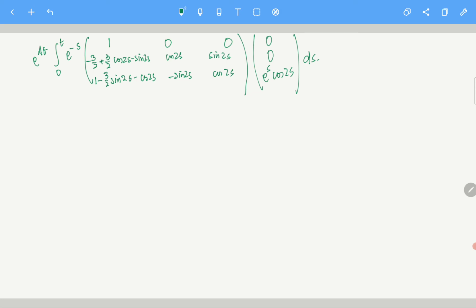Clear? This is just that part, I just wrote it in terms of s, so this is the e power minus as part. Okay, fine.